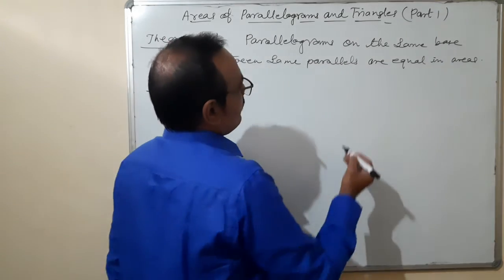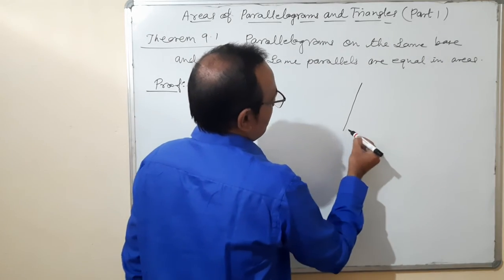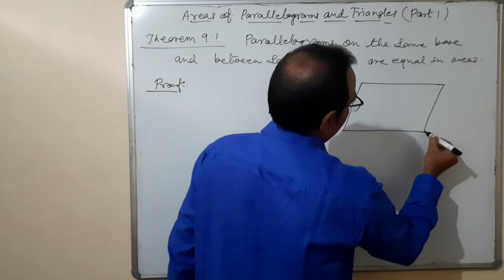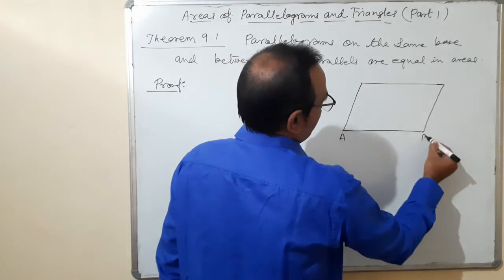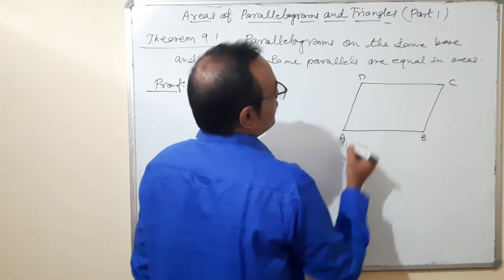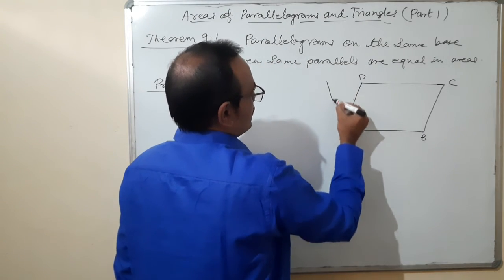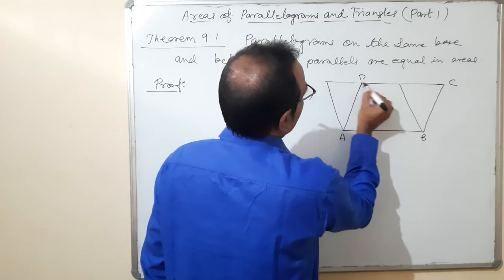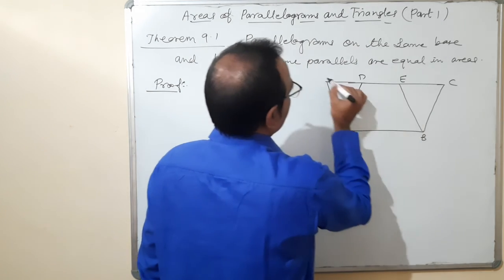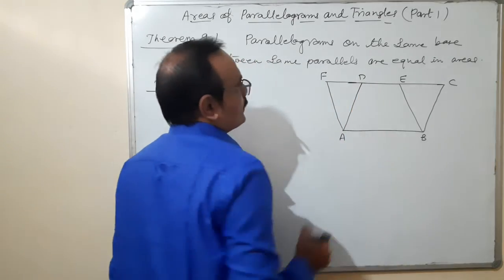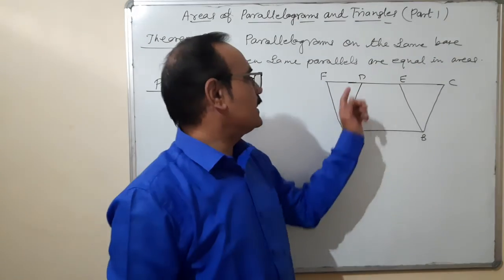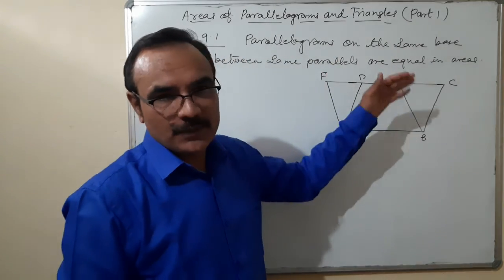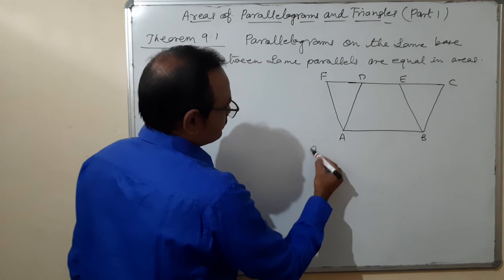Number one, diagram. One parallelogram ABCD, second parallelogram ABEF. We get parallelograms on the same base and between same parallels. What is given?